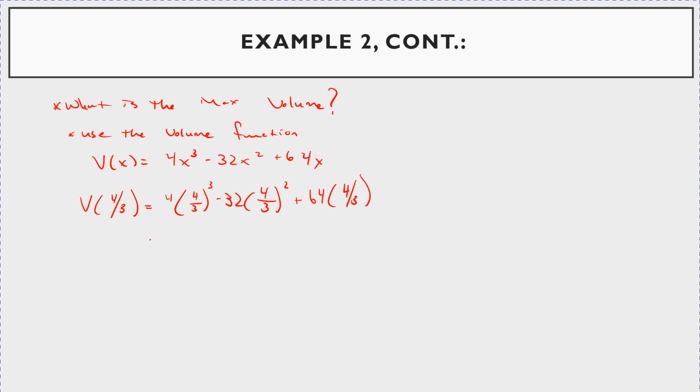Not to waste time, but if you plug this in, you'll end up getting 37 and 25/27 inches cubed. And that's the maximum volume here.